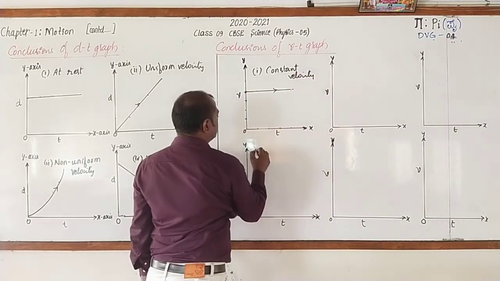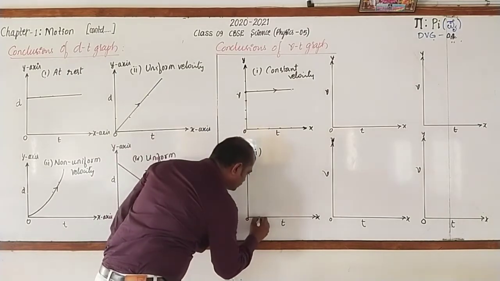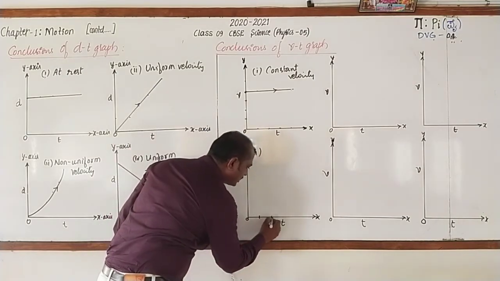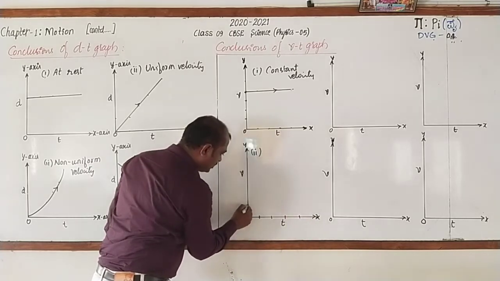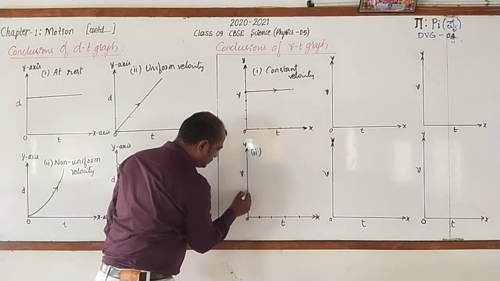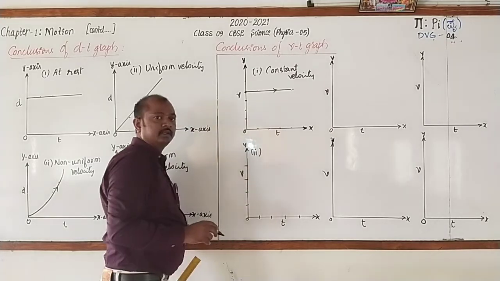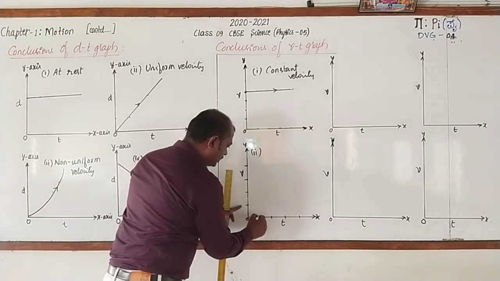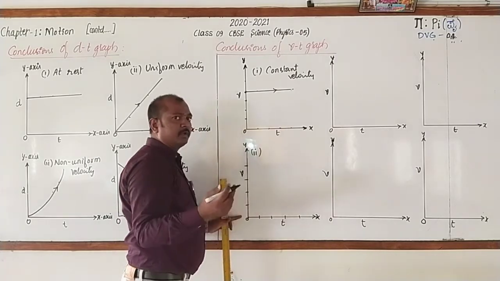Next, here second one, just observe. Here also I am going to mark some of the points. 1 second, 2 seconds, 3 seconds, 4 seconds. Here 2 meter per second, 4 meter per second, 6 meter per second and 8 meter per second. Look here. When the body is at rest, what will be the velocity?